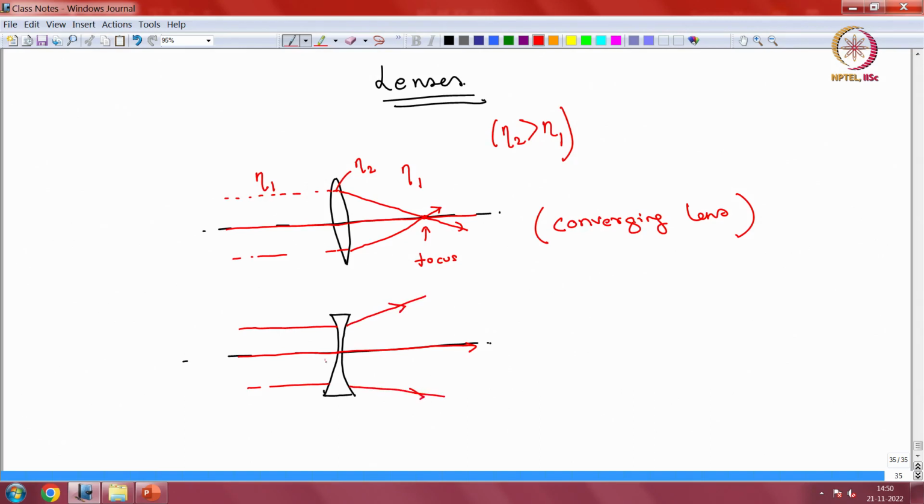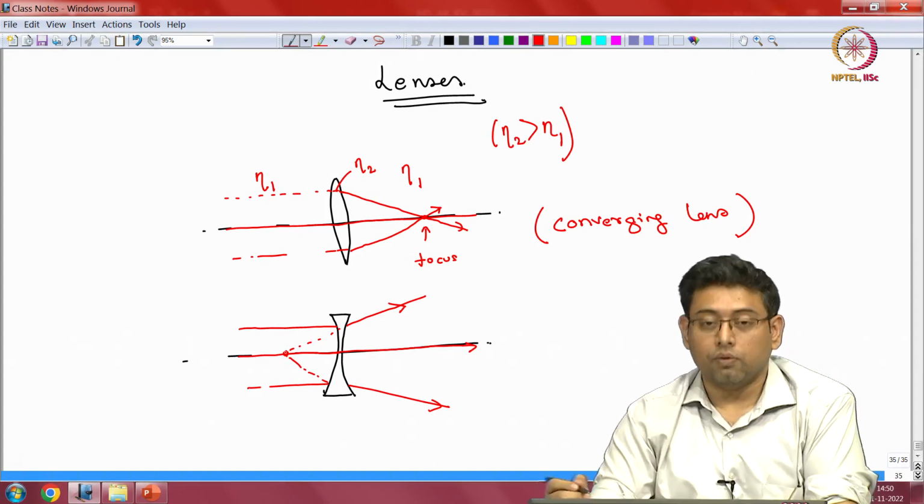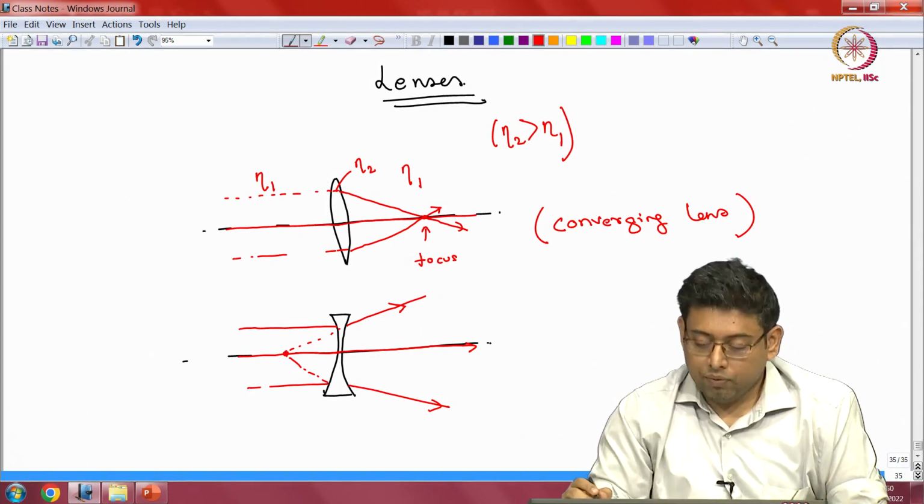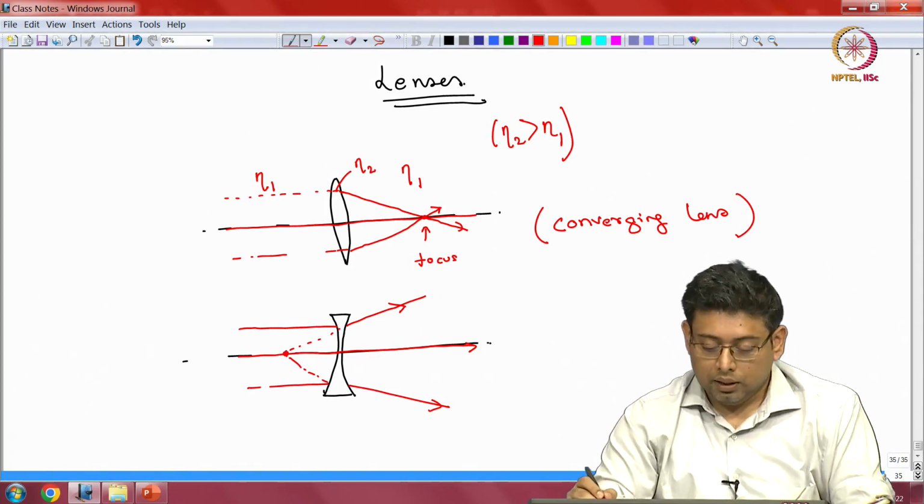Similarly for the other one, and this divergence is such that, okay, this is not a great diagram. This should have been something like this. Right. So essentially this focal point now is a virtual focal point. These two light rays never really meet, but if you extend them towards the back of the lens, this is sort of where they will meet. These two form very different types of images, and they do different things to the light.